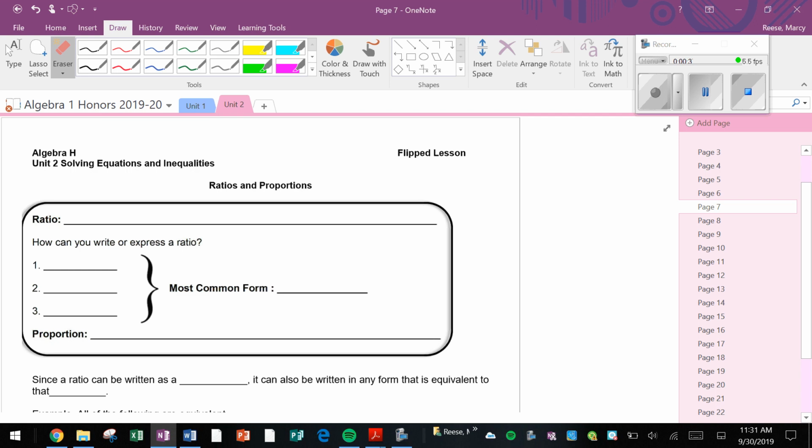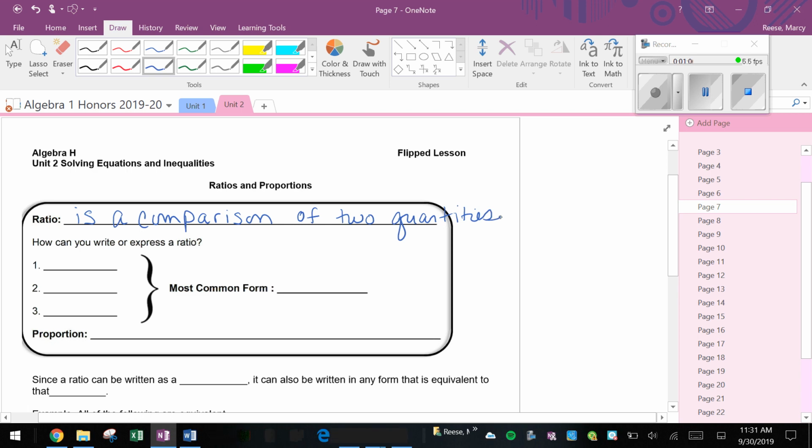Okay. So let's start with the actual flip lesson, which is on ratios and proportions. And we're going to start with the ratios. Define, which is: a ratio is a comparison of two quantities. All right, two numbers. So how can you write or express a ratio?